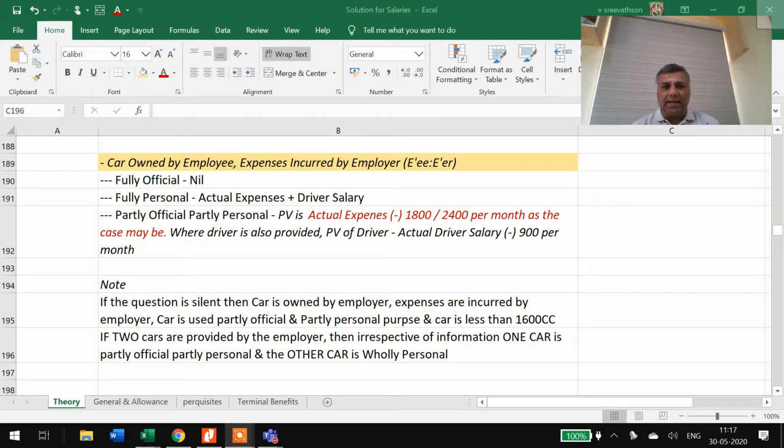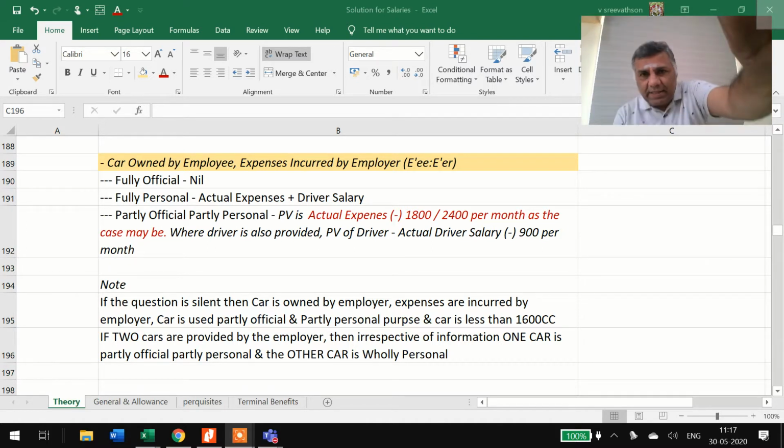Let's start understanding more on the salaries chapter. What we have seen is something like this.